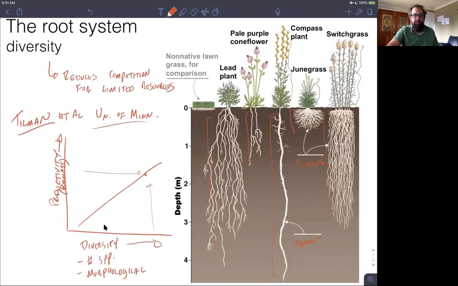And so as morphological diversity increases, we can increase the productivity of the system. That's a very clear relationship in community ecology: as diversity increases, productivity will also increase.